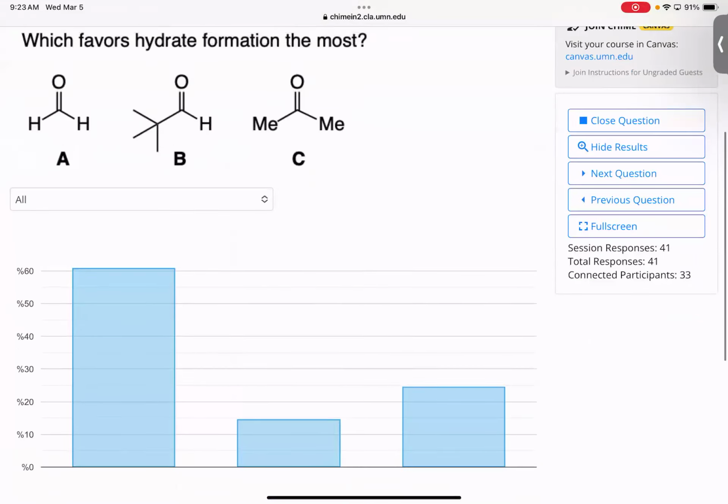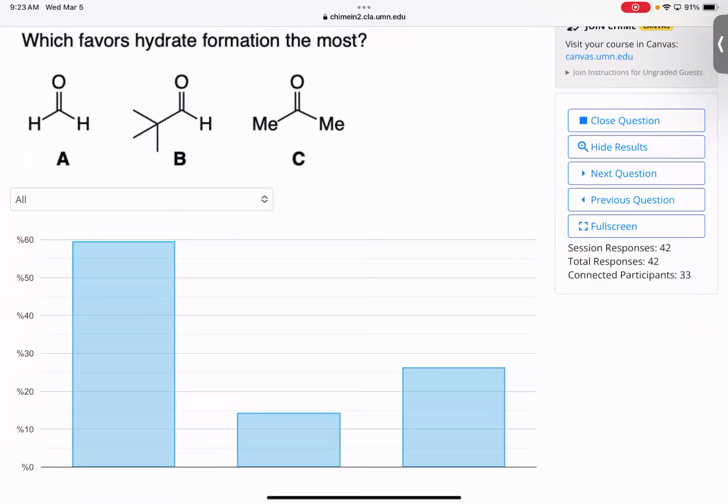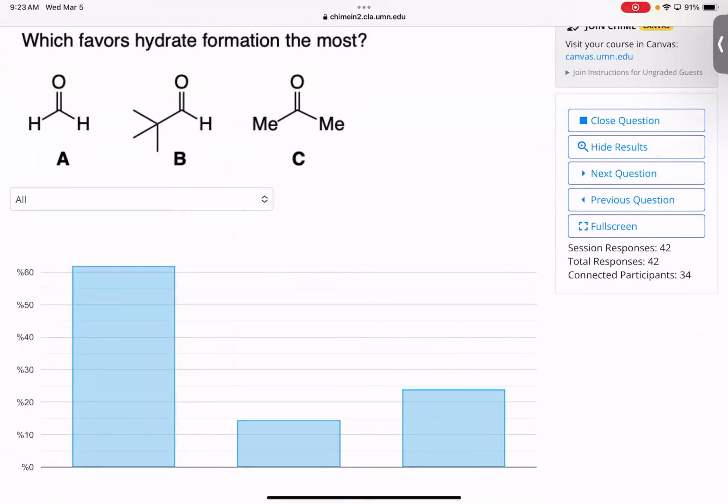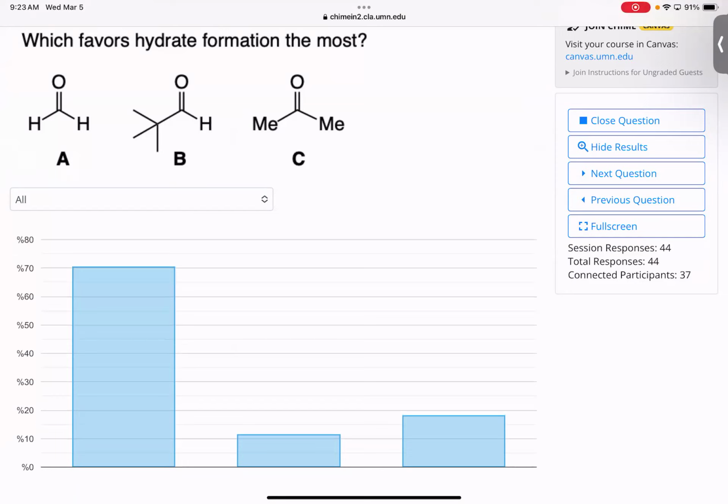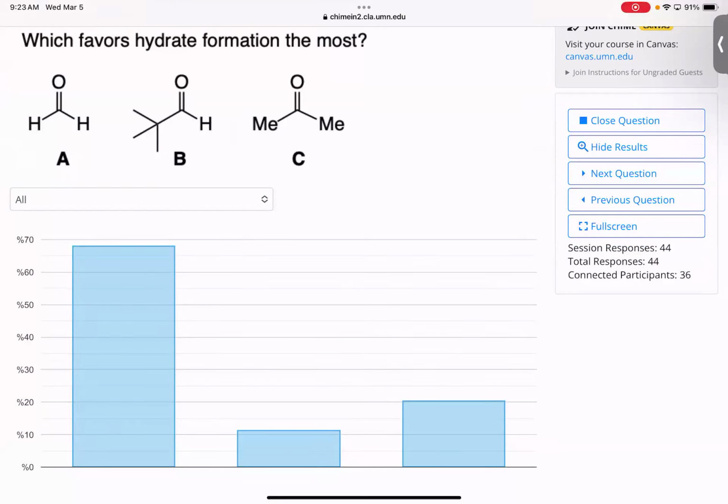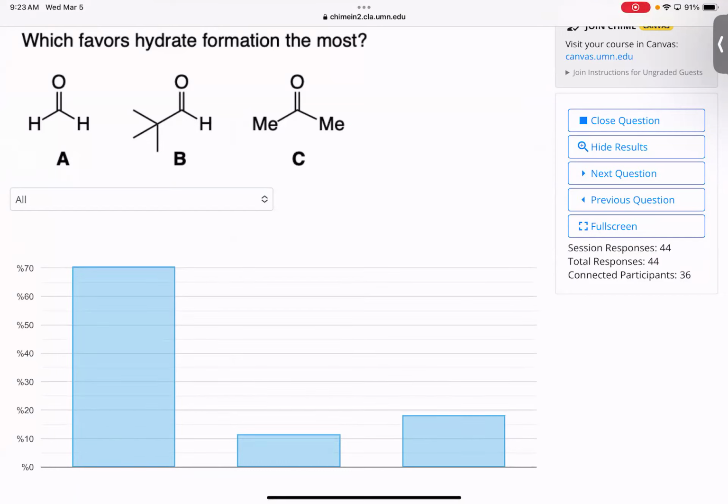All right, so we have a little bit of a mixed score today, but we're thinking along the lines with A is that hydrogen is pretty tiny. So it's not going to be very sterically hindered. All right. And so hydrogen is going to favor the product formation the most. I like that people saw that tert-butyl group and said, no way, that's really sterically hindered.